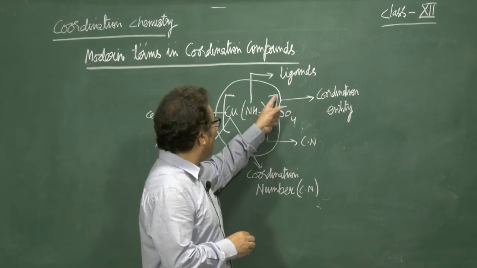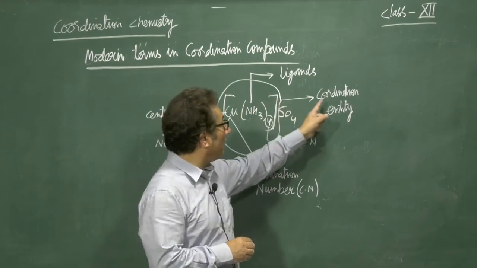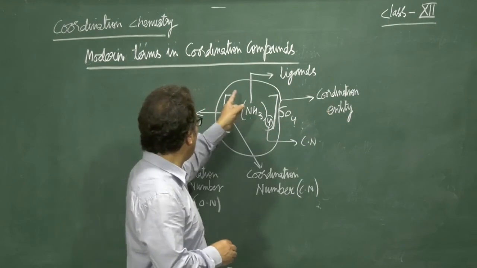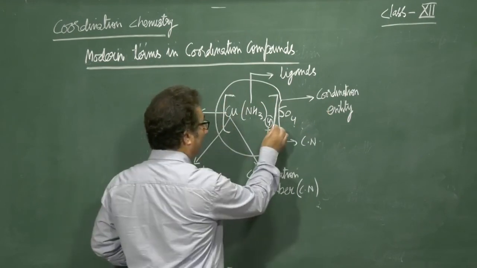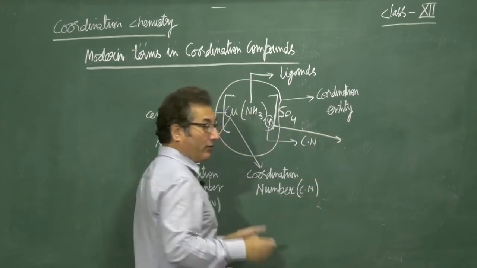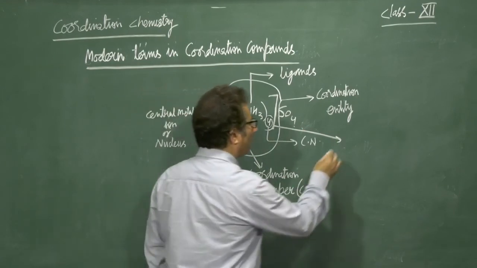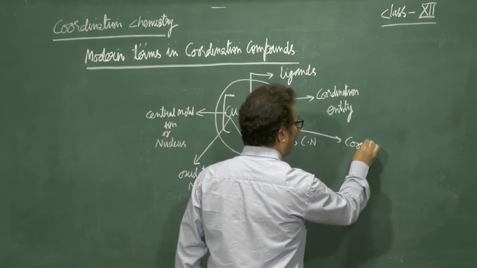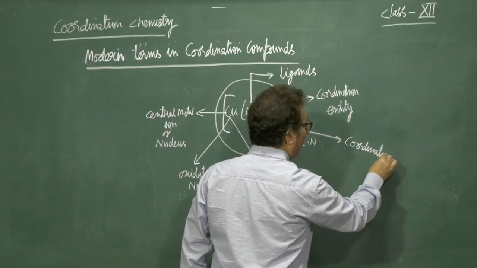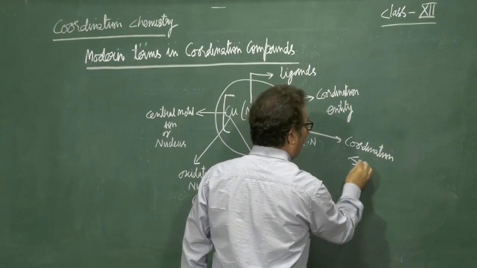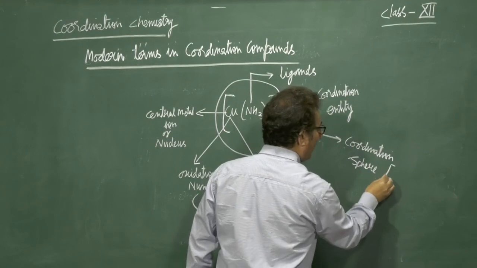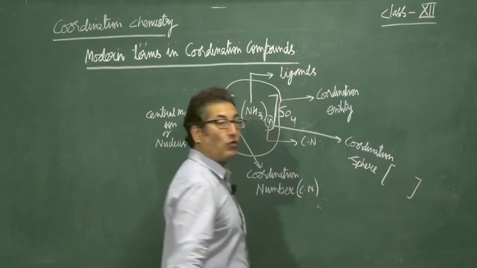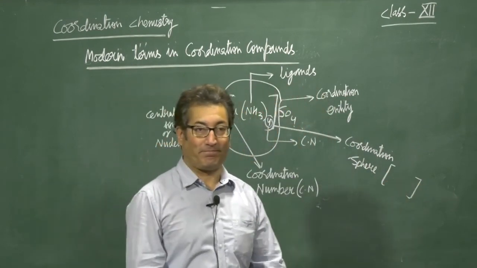The part of the coordination compound which contains this coordination entity, symbolically shown by square brackets, represents a sphere, which is called the coordination sphere. So the coordination sphere, shown here by square brackets, encloses the coordination entity.